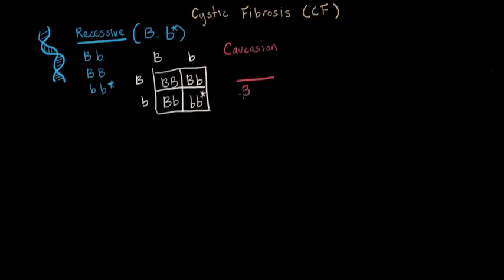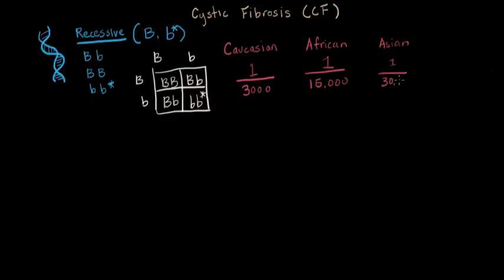So out of 3,000 people in the Caucasian population, one person would have CF. They would have this little b combination. For other races, traditionally, there's been less frequency of the disease because the gene is not as frequent. For example, in African people, about 1 in 15,000 gets CF. And in Asians, there's about 1 in 30,000.